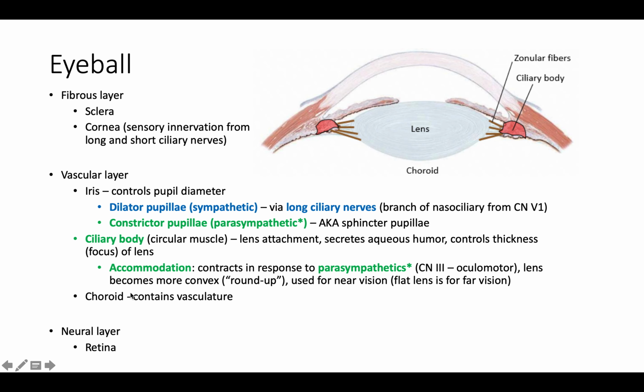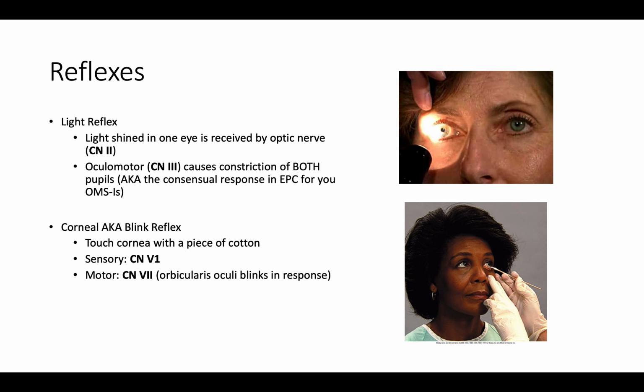The choroid is containing the vasculature, and then the neural layer is the retina. So we've got some reflexes. So as you've learned maybe in EPC, if light is shined into one eye, it's received by the optic nerve, which is cranial nerve 2. But oculomotor creates the constriction of both the pupils.